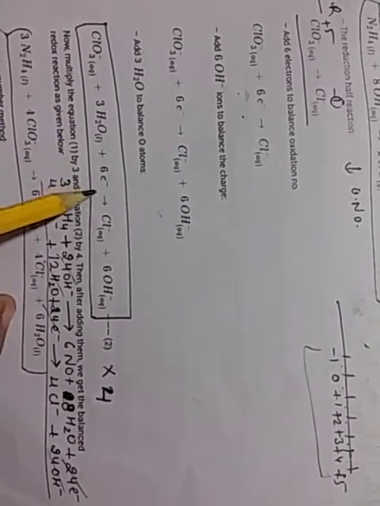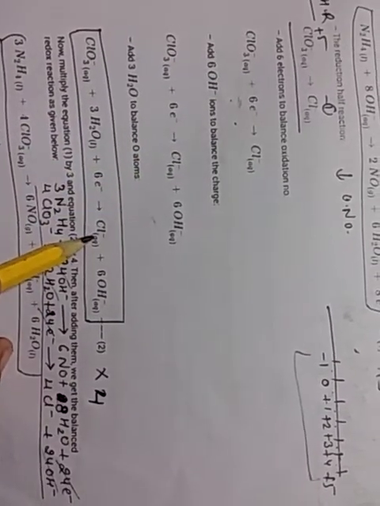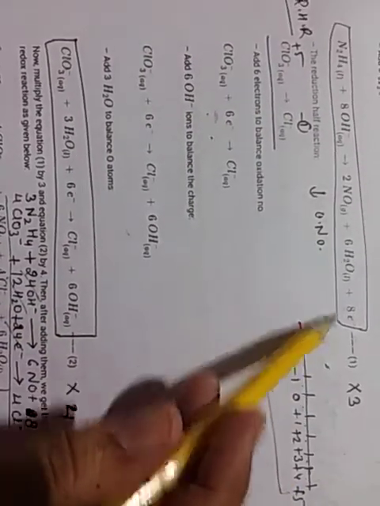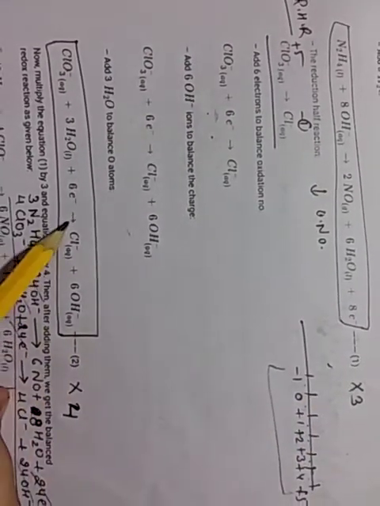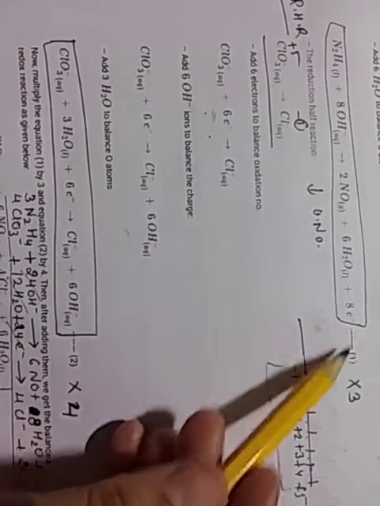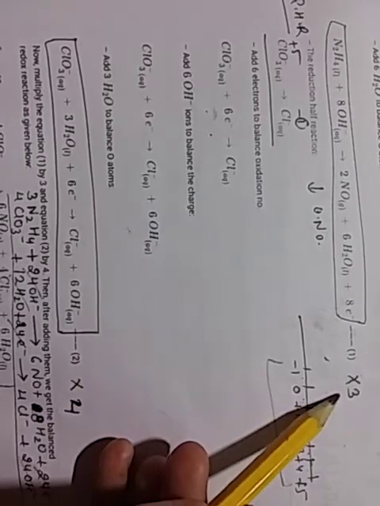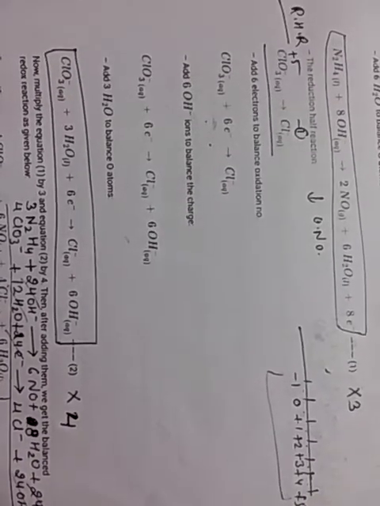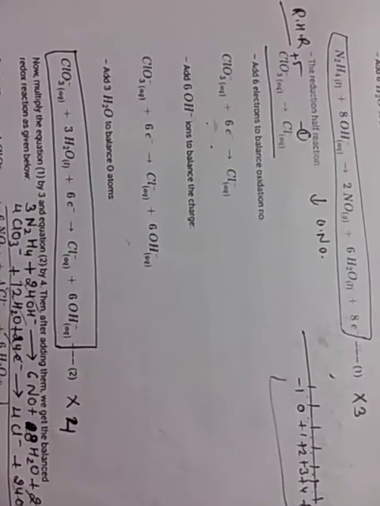So ClO3 minus plus 3H2O plus 6 electrons converts into Cl minus plus 6 OH minus. The first equation has 8 electrons but the second has 6 electrons. For balancing the electrons, multiply the first equation by 3, giving 24, and the 6 electrons by 4, so 24 electrons comes. So the first and second equations are equal.